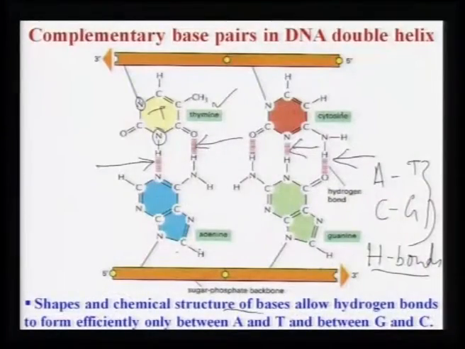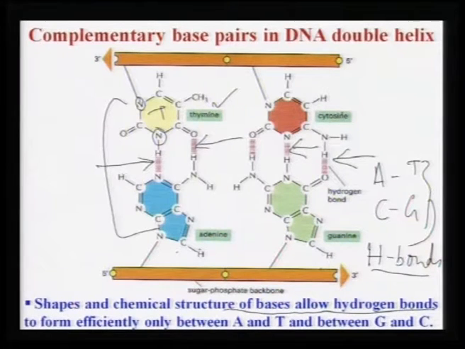Okay. So, the shapes and chemical structure of bases allow hydrogen bonds to form efficiently between A and T and between G and C. That is the uniqueness of the structure. So, AT and CG is known as the complementary base pairing in the DNA double helix.